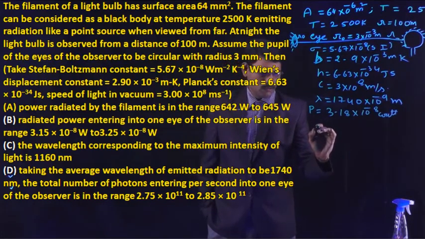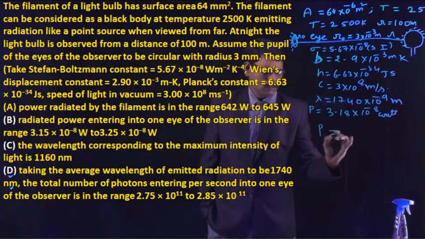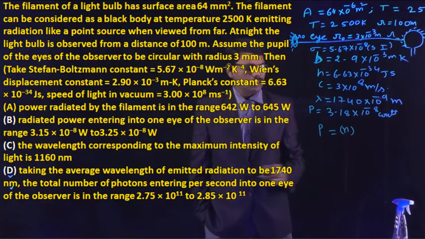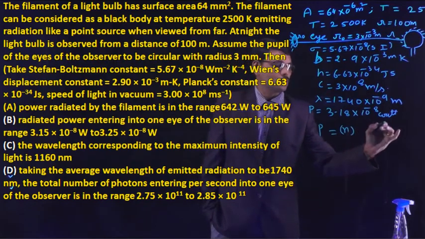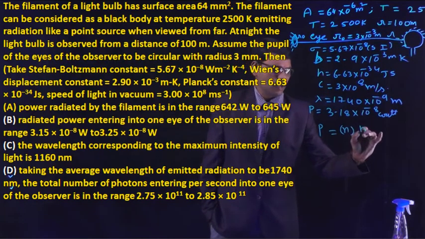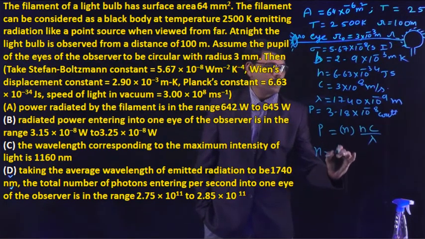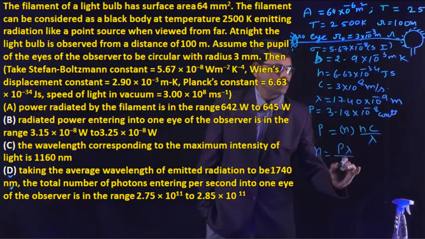If the number of photons entering the eye is n, then power is equal to nhν, or nhc by lambda. We have to find n, so n is equal to P into lambda by hc.